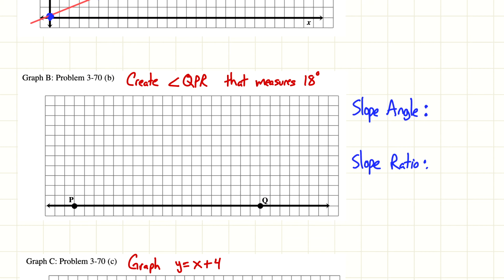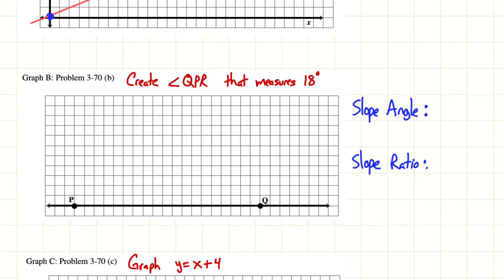But we're going to do our best on this one. I have Q, P, and then I need another line here. So somehow I need another letter R. So our goal is to draw something like this, and this angle here needs to be 18 degrees.